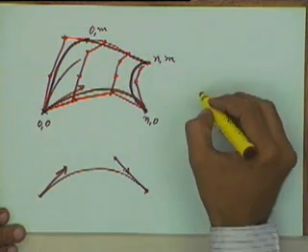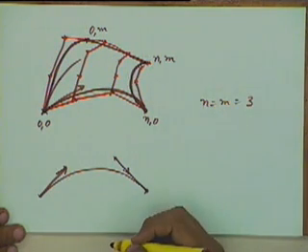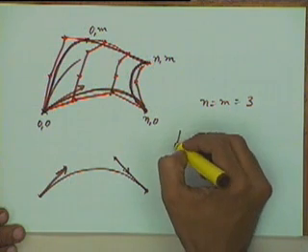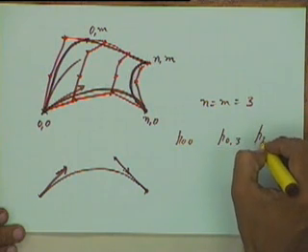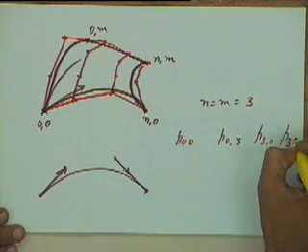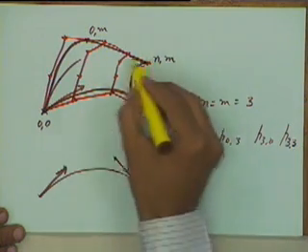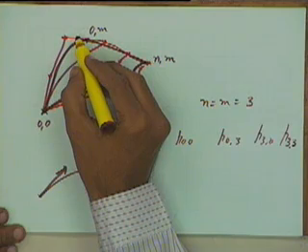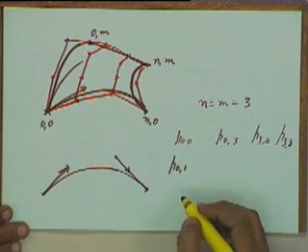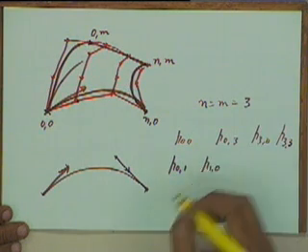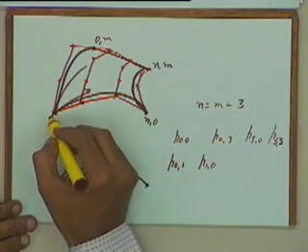That means for a bicubic Bezier surface, when n is equal to m is equal to 3, the points P00, P03, P30 and P33 will define the 4 corner points. But if I consider the points P01 and P10, they will control the 2 tangent vectors at the corner, at the point 00.